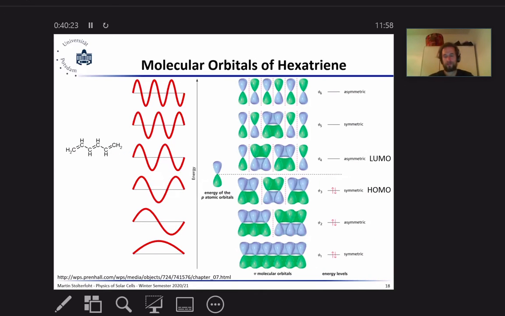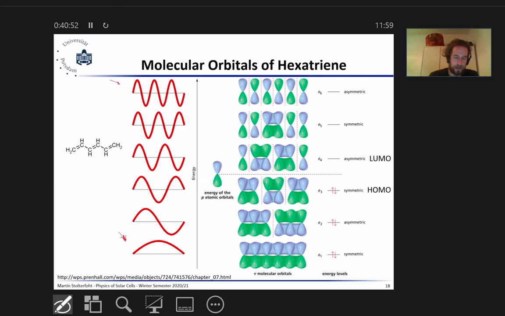So these pi orbitals could be described as eigenfrequencies of the molecule. So you can see these molecular orbitals as certain vibration frequencies, and the higher the energy, the higher the frequency, as shown here.